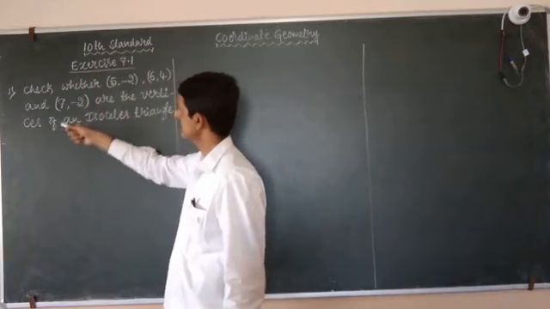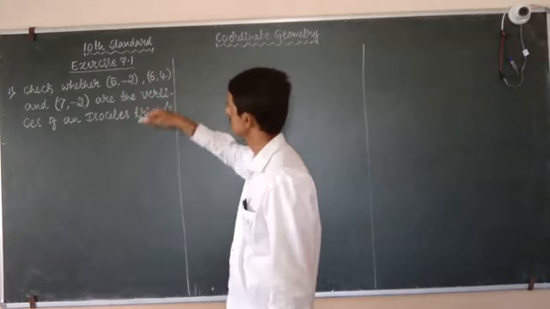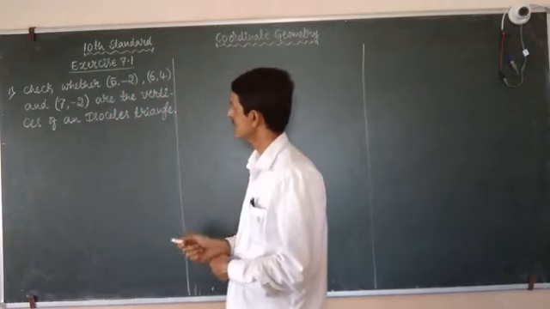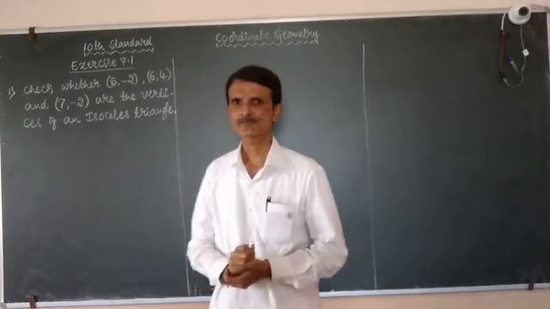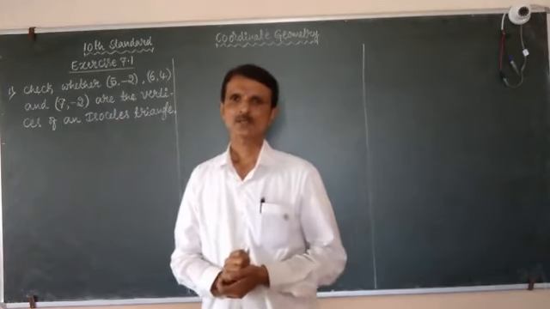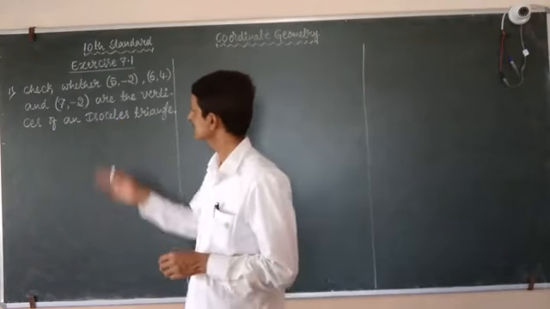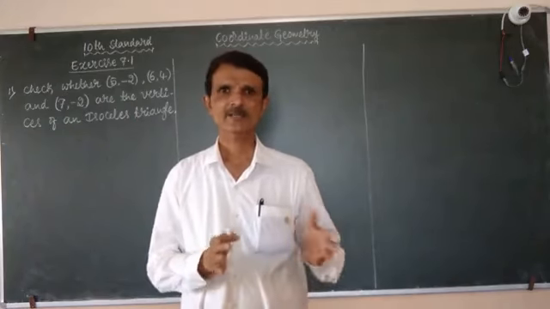In exercise 7.1, check whether (5, -2), (6, 4) and (7, -2) are the vertices of an isosceles triangle. If you observe the problem, as in the previous problems, they have given 3 points.